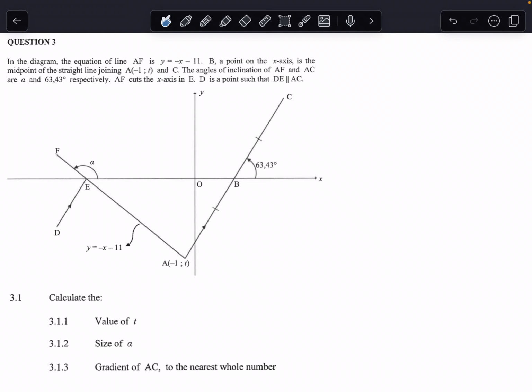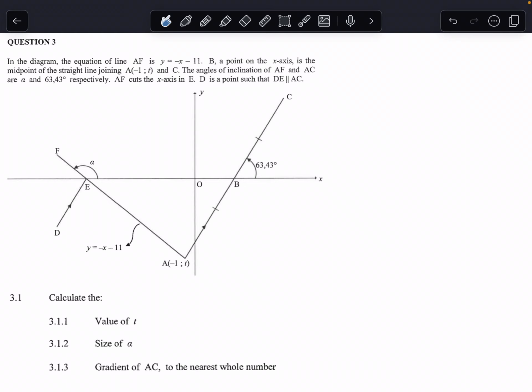Okay, question 3. In the diagram, the equation of line AF is y is equal to negative x minus 11, which they have filled in for us on the diagram as well. B, a point on the x-axis, is the midpoint of the straight line joining A, whose coordinates are negative 1 and t, and C, whose coordinates we don't know.